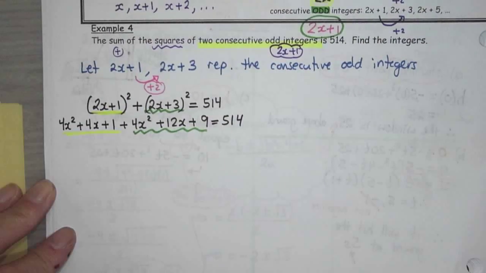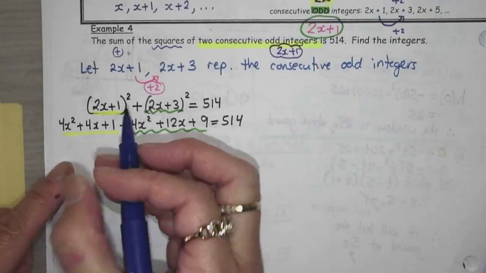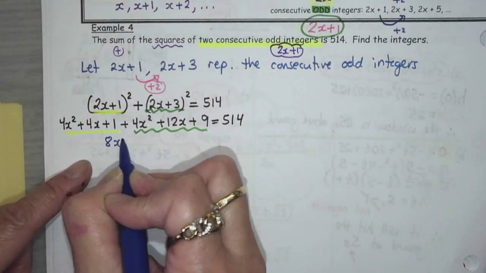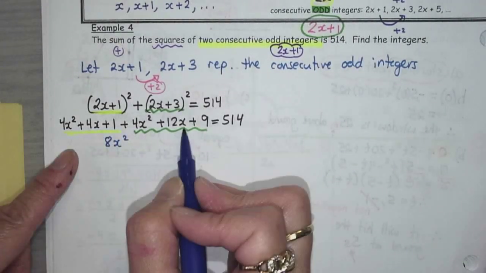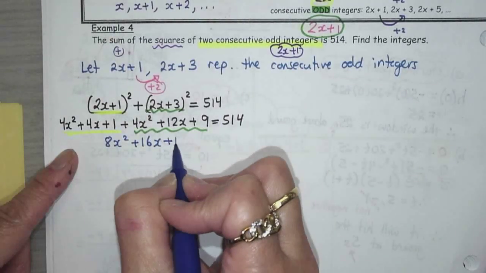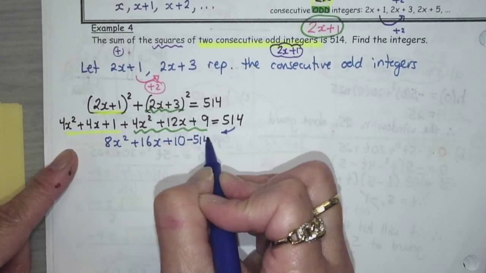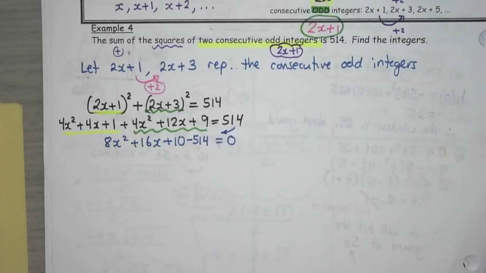Then we're going to add the like terms. So 4x squared plus 4x squared is going to get me 8x squared. 4x plus 12x is 16x, plus 10, and I'm going to bring this over, so minus 514 equals 0.